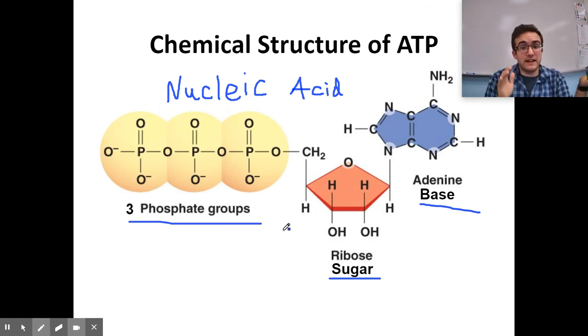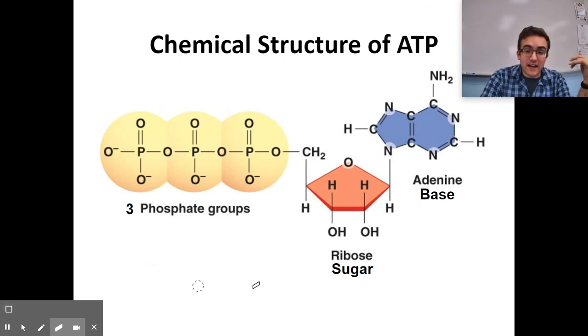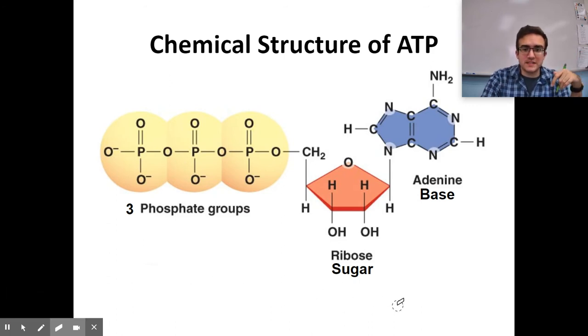That still classifies it as a nucleic acid. Nucleic acids just have to have at least 1 phosphate group. ATP has 3. So it is a nucleic acid. Our energy currency is, in fact, a nucleic acid. It's not a carb, it's not a lipid, it's not a protein, it's a nucleic acid.